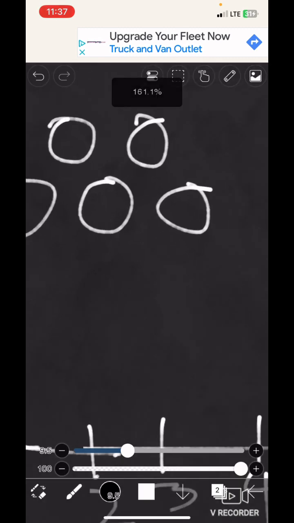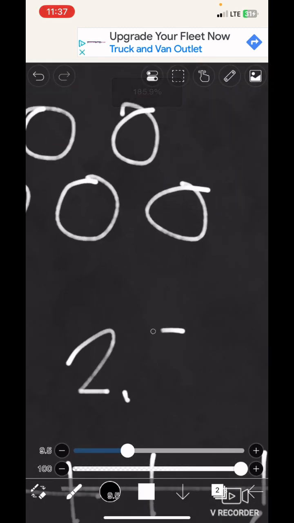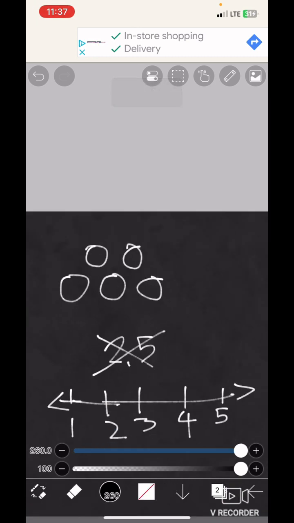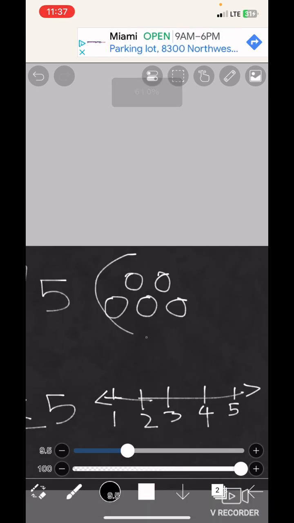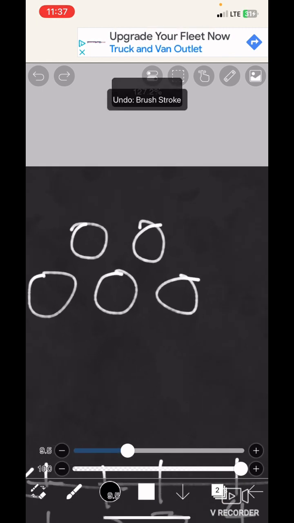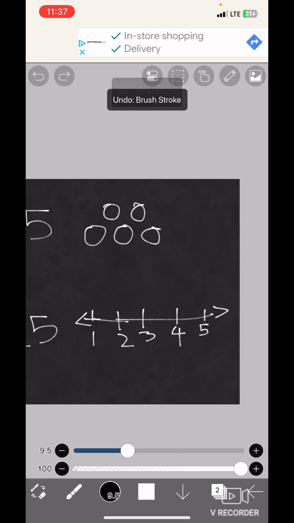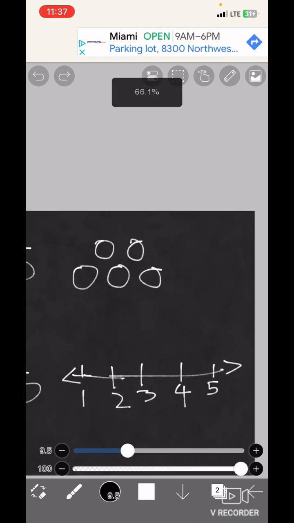For example, 2.5 is a solution, but it's not one that makes sense in this scenario. Like, you can't have 2.5 people. That's physically impossible.